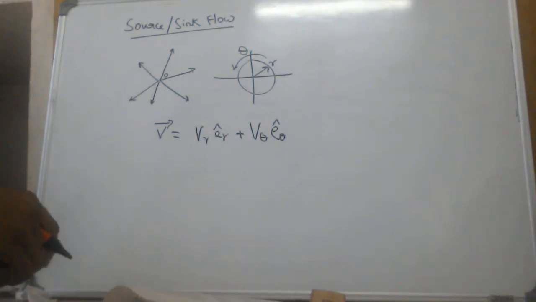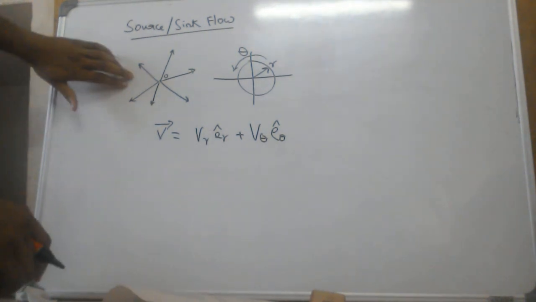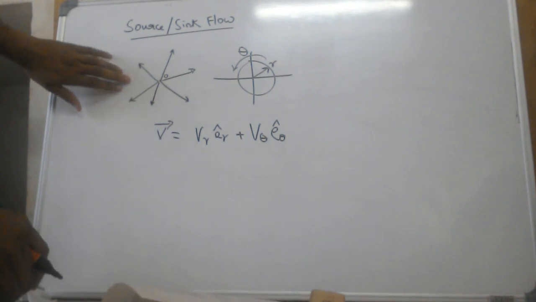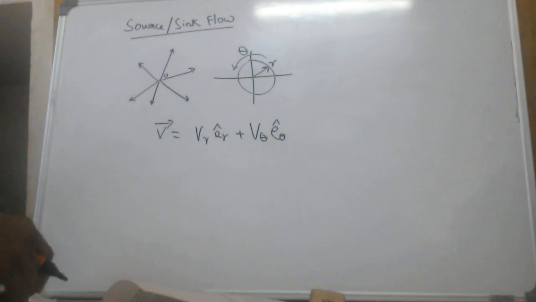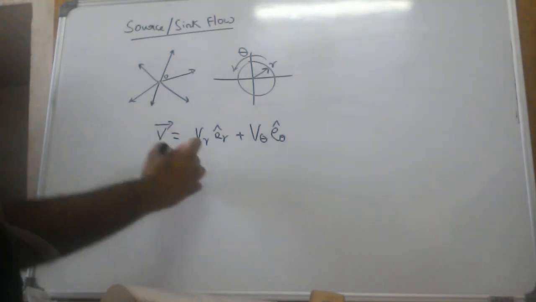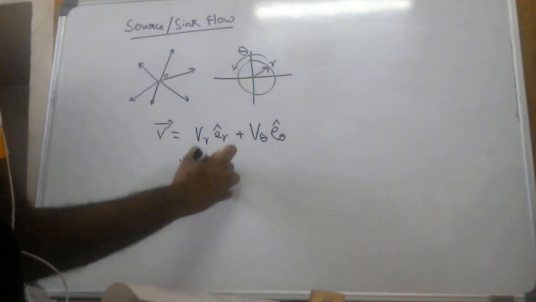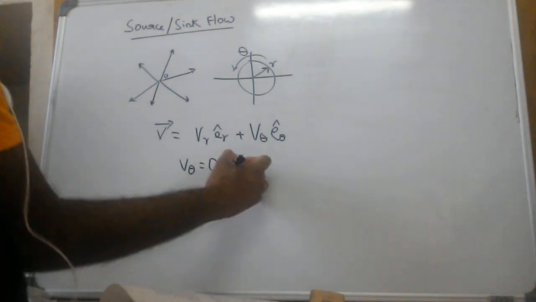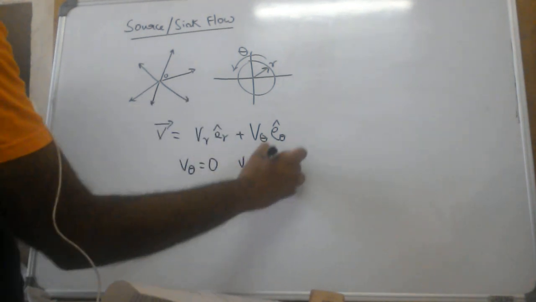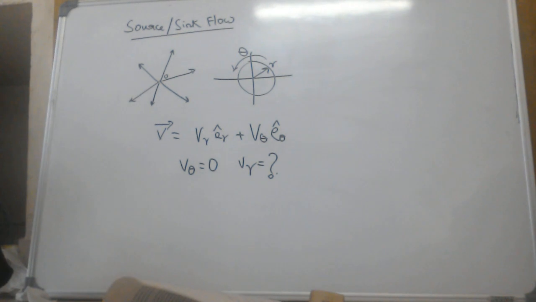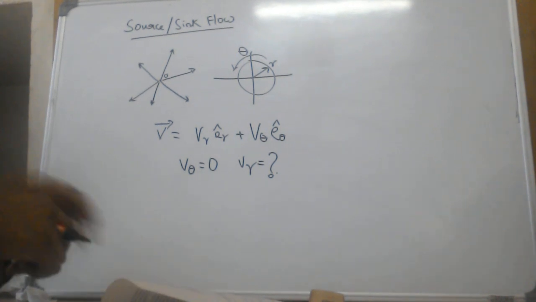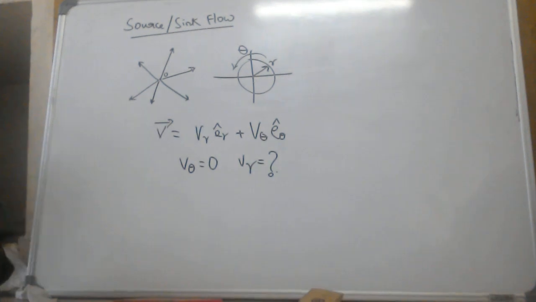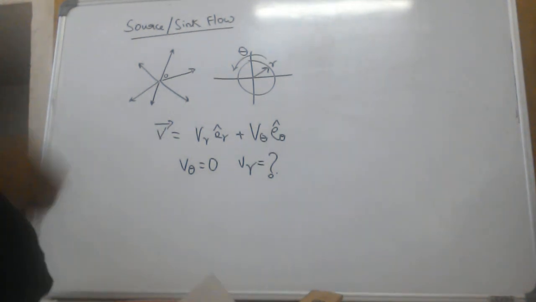From this figure, it's pretty evident that the velocity vector does not have any component in the theta direction. So we can straight away say that V theta is 0. There is only an r component for the velocity, and we need to find out what this r component is. For that, we need to resort to the continuity equation.